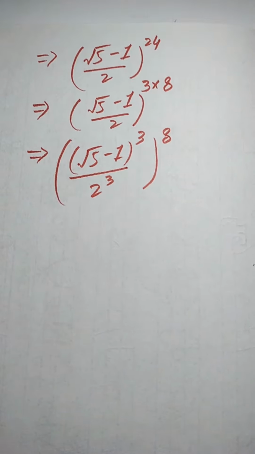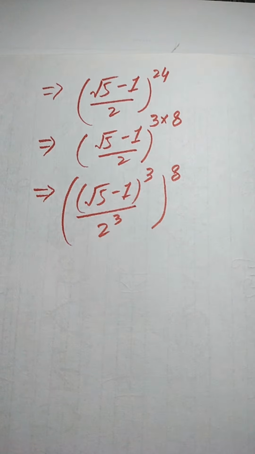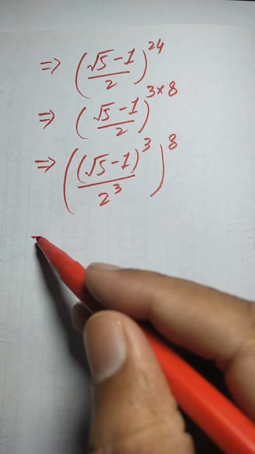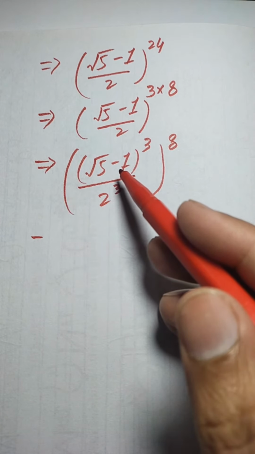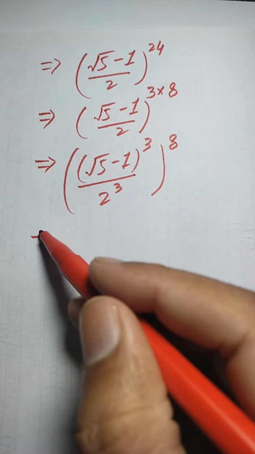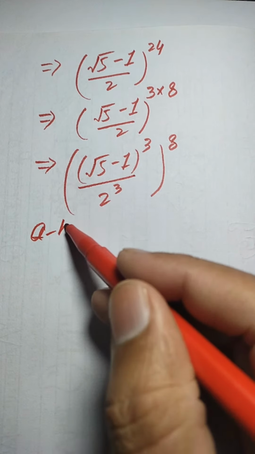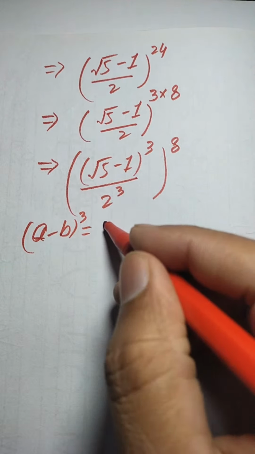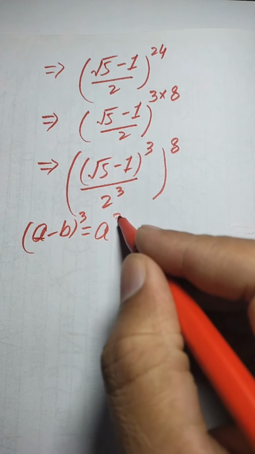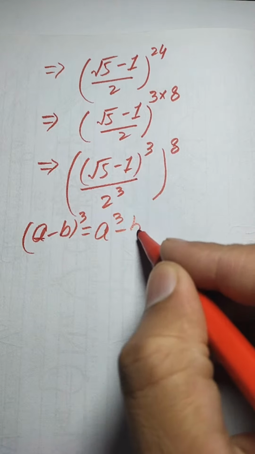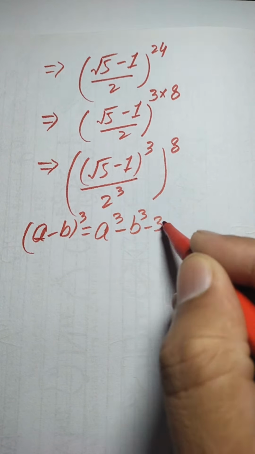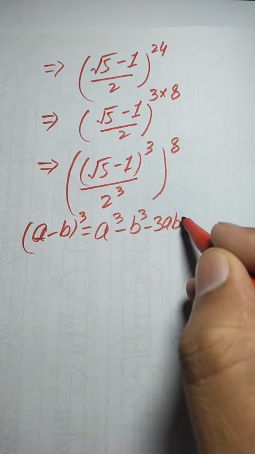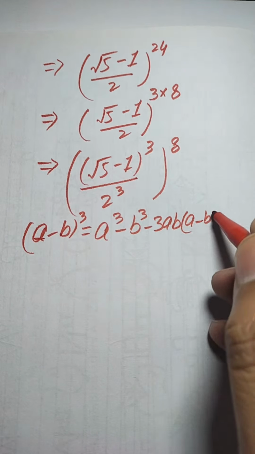In the next step we need more simplifications, and you see here we rewrite this equation using the nice cubic formula on the upper term. You know that (a minus b) whole cubed is equal to a cubed minus b cubed minus 3ab times (a minus b).